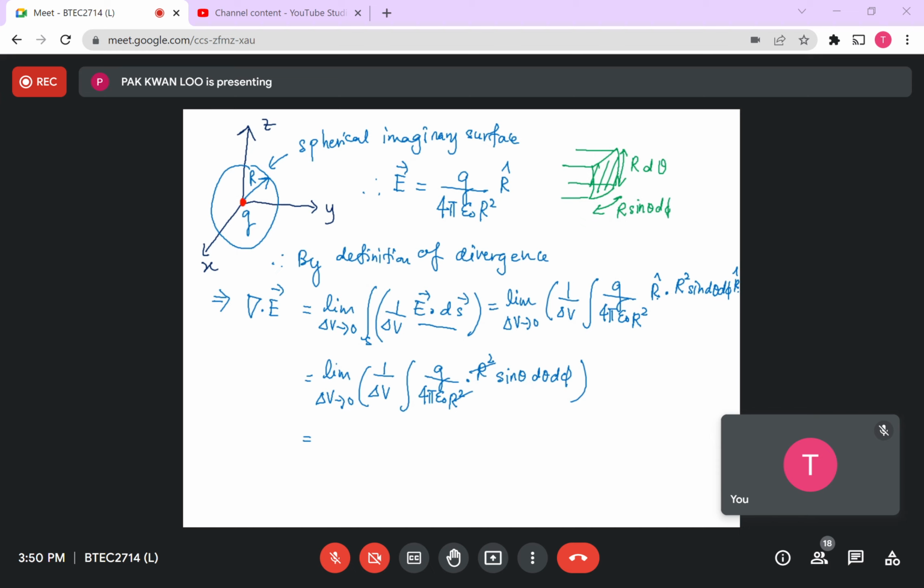Okay. So now if we evaluate this term here, the integral becomes q over 4 pi epsilon naught times this.